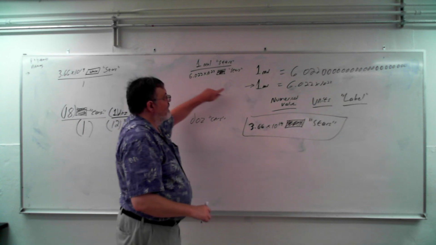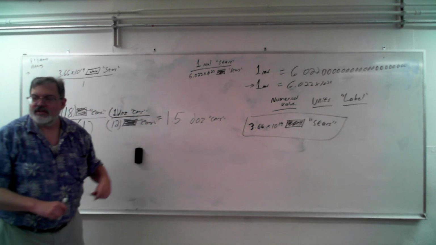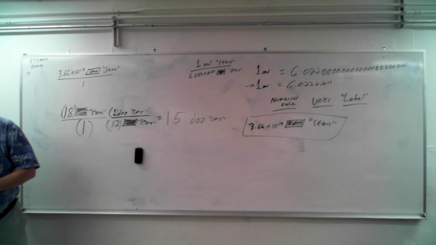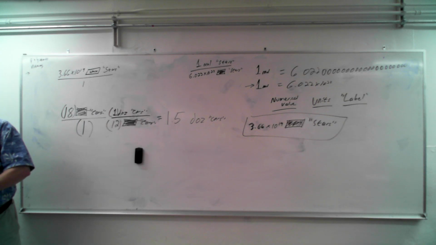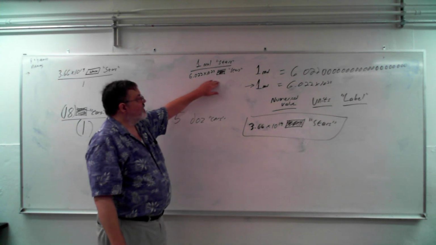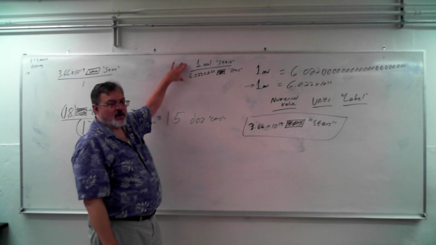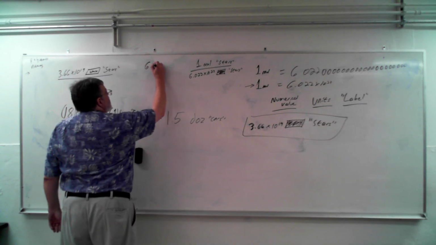This is this relationship just written as a ratio. Do you see that? So if you ever see 1 mole equals 6.022 times 10 to the 23rd, you could write it this way with an equal sign, or you could write it this way as the ratio. This is how we're going to use it. And either we're going to use it like this, or we're going to use it flipped over.